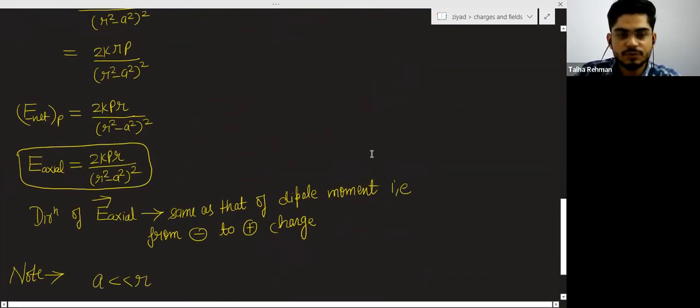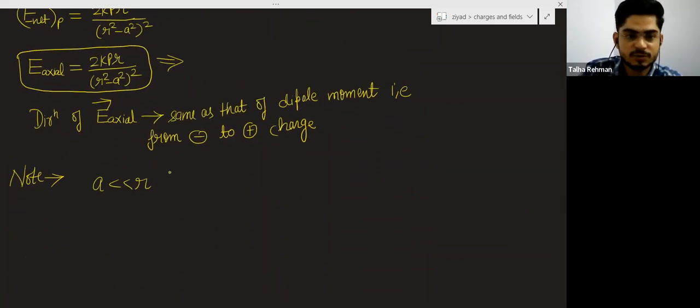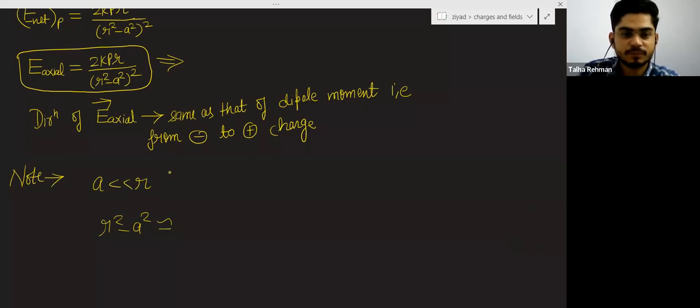So what we can do is modify this formula. As A is very much less than R, we can write R square minus A square approximately equal to R square.